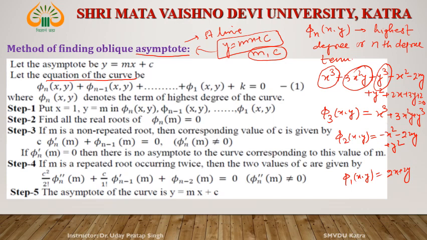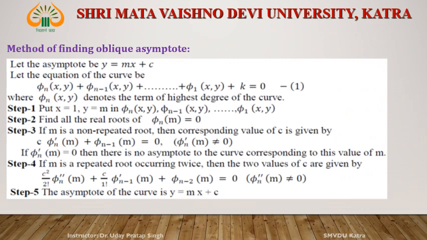Then we will adopt the following steps to evaluate the oblique asymptotes. What is step 1? Putting x is equal to 1 and y is equal to m, right? What is x? X equal to 1. What is y? Y is equal to m.